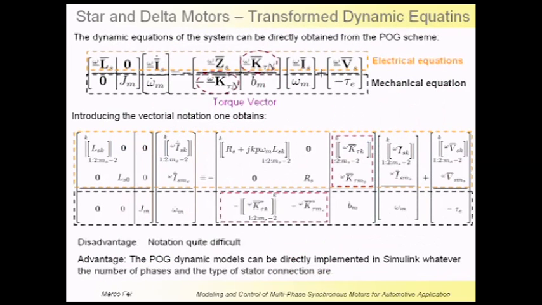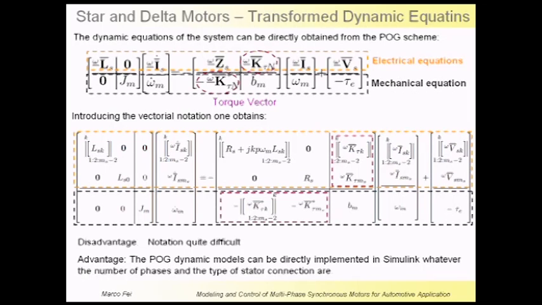So the dynamic equations of the system in the complex rotating reference frame can be written in this vectorial form. This is a more general form that is independent from the number of phases of the motor. Note that the inductance and the resistance matrices in this transformed reference frame are diagonal.